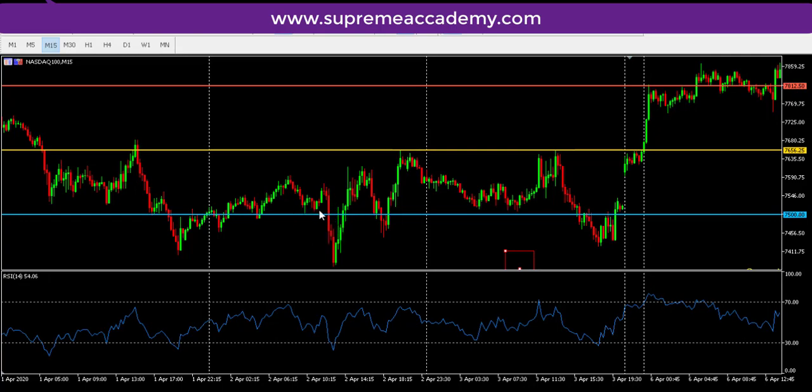I don't know why you would have entered a trade here, but again I can assure you that with this trade, the candlestick before it closed, it first of all reversed before coming to close.